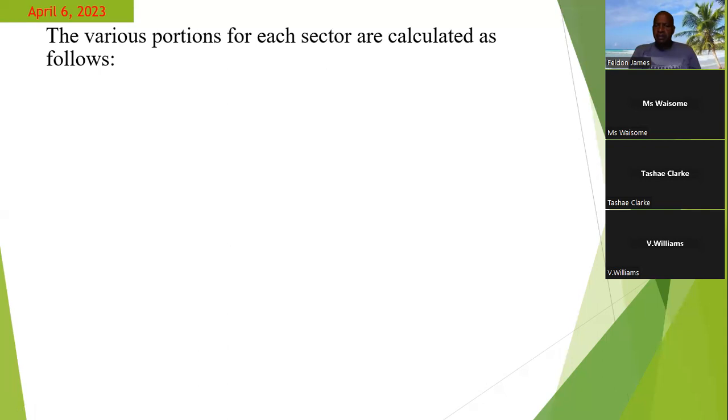Sir, I saw her placing the center of the protractor at the angle vertex. Yeah, that's how it is. And then the line at the bottom of the protractor must be lined up with that line. Well, you can line it up with the line below or any one of the two lines that you have.